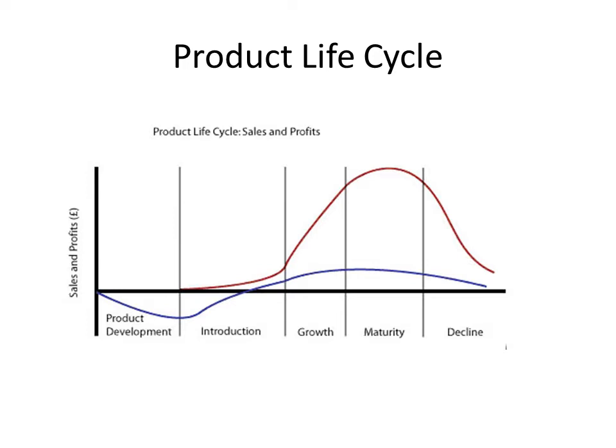It shows 5 stages. There's a red line, which is typically known as the product life cycle curve, which represents sales. There's also a blue line, and that represents the profit throughout the 5 stages.